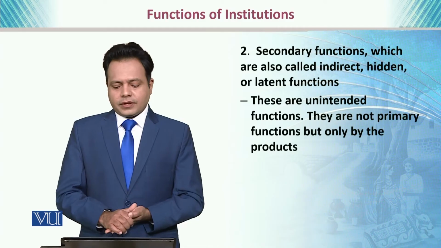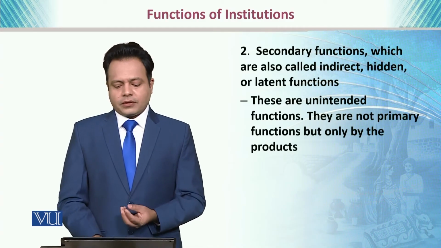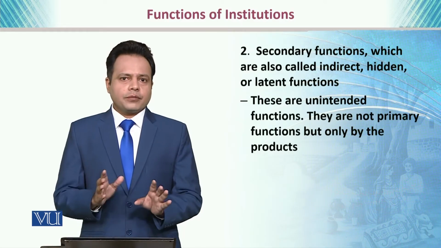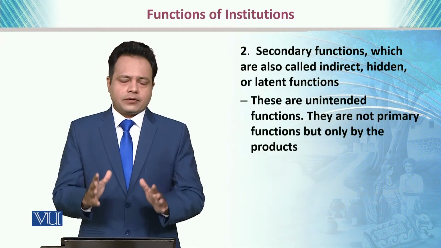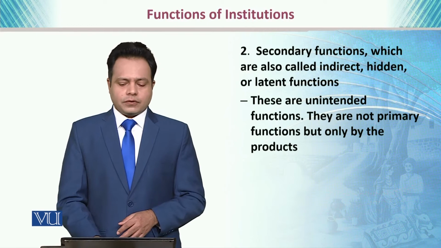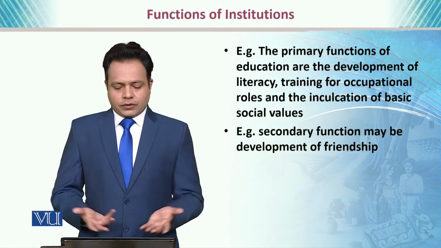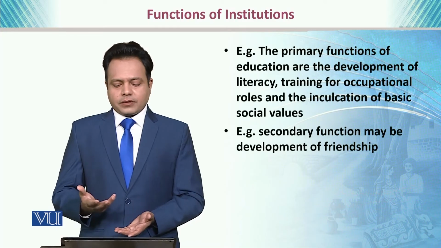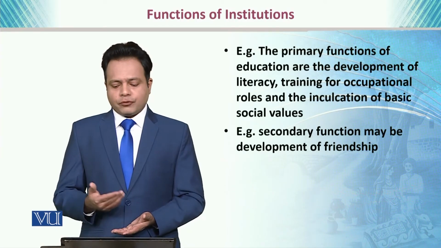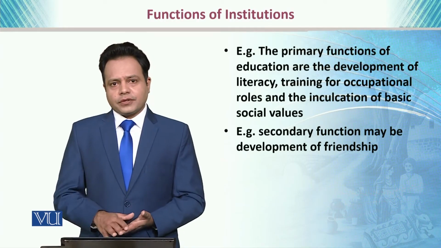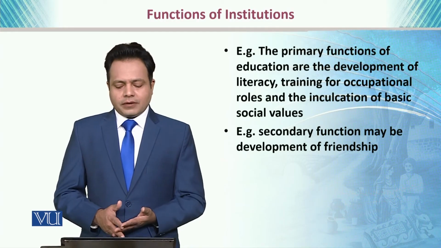So these unintended functions are not primary functions, but they are important in producing an overall impact on the betterment of the society. Primary functions of education are the development of literacy, training of occupational roles, and inculcation of basic social values.